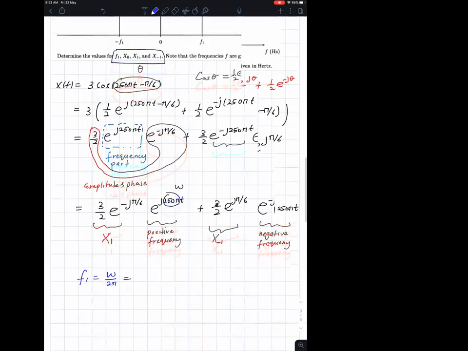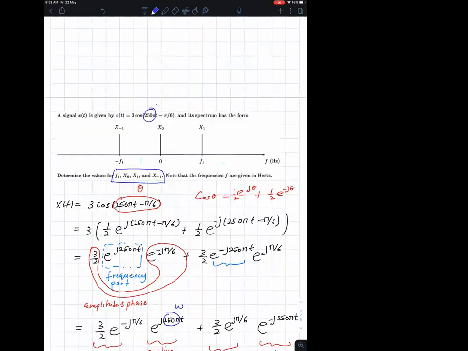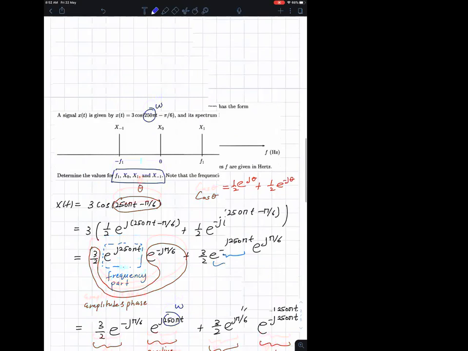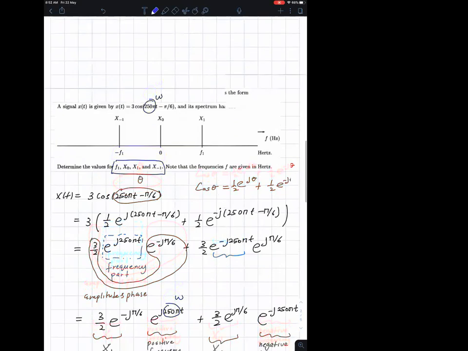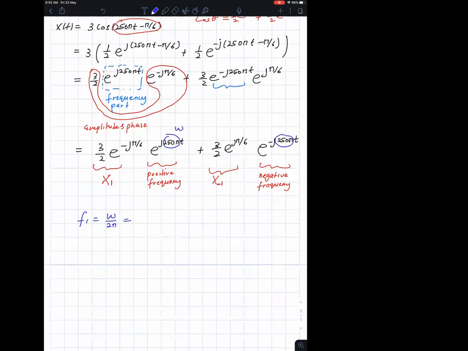In the past, people were calculating two different periods for this, because just by separating them into exponential form you're going to have two omegas. But there's no two periods. There's one frequency and there's one period.